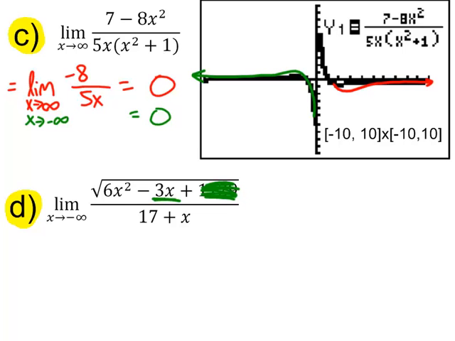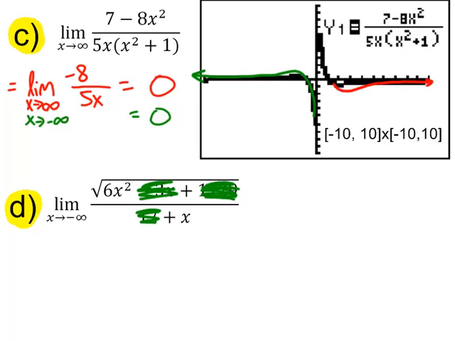And even though this can get very big in the negative direction, this will still dwarf it. Negative 3 times negative a million is going to be very, very small compared to 6 times a million squared. So using that justification, we will cross out the negative 3x as well. Down below, we can tell that that 17 is going to be dwarfed.